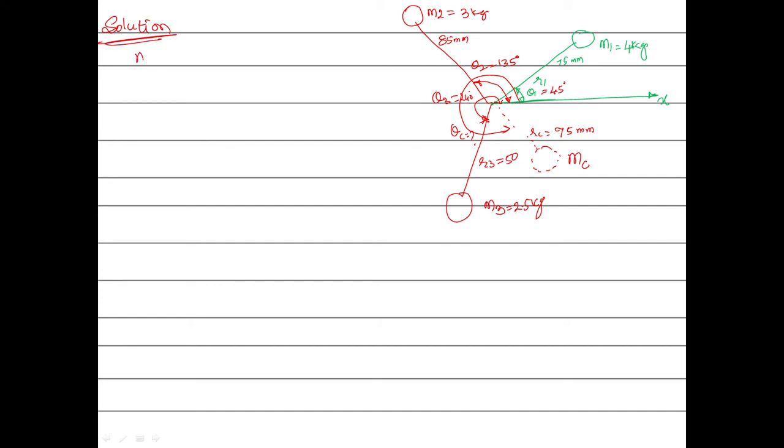So find M1 R1, M2 R2, M3 R3. M1 is 4 into 75, this is 300. M2 is 3 into 85, how much will we get? Someone quickly calculate. 50 into 2.5, I think this is 125.